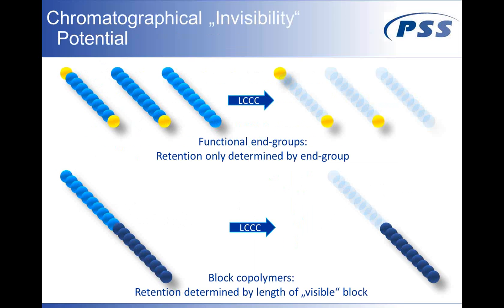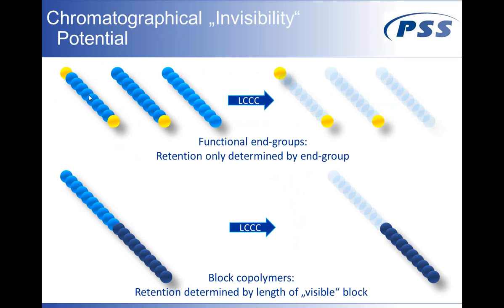As I said before, if you do size exclusion chromatography, you will not be able to separate these polymers because they are of the same size. If you go to adsorption chromatography, most probably you will also get no separation, because this little shift in retention due to the difference in adsorption strengths of the end group will be hidden by the molar mass distribution of the sample.